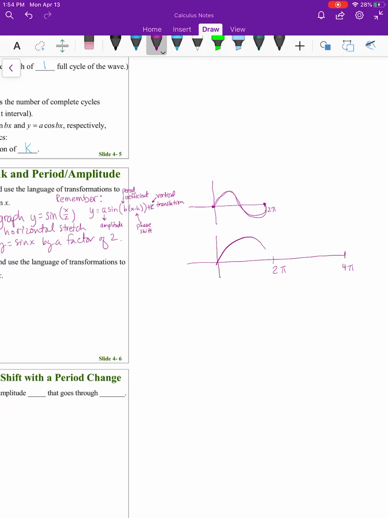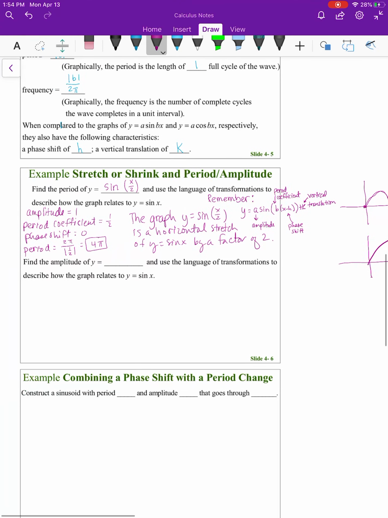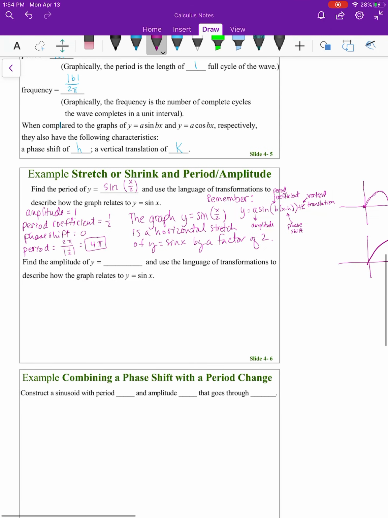Well, it's about halfway. Anyway, pretend like that's halfway. So instead of completing it in that, it's going like this and it's completing it. Do you see how it's horizontally stretched? So that's what happens when you have a period coefficient of 1/2. It is horizontally stretching that graph, okay?